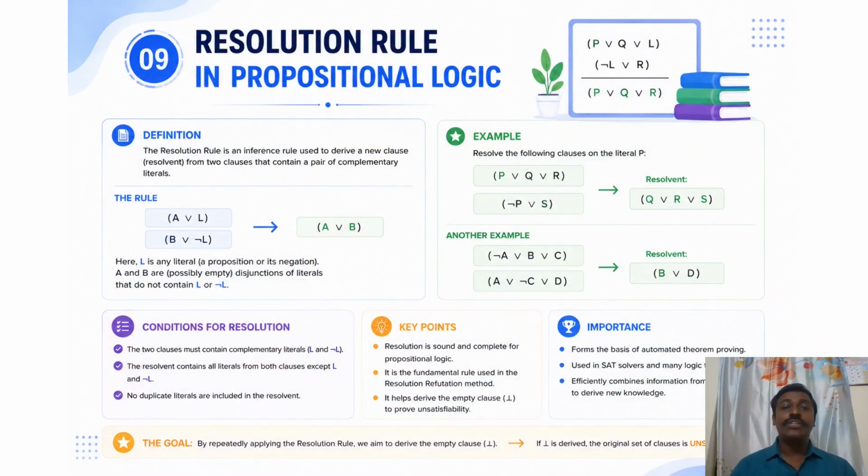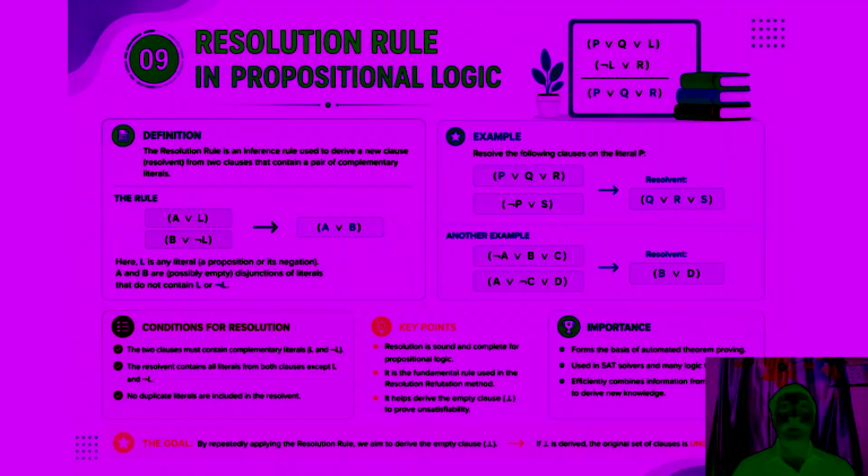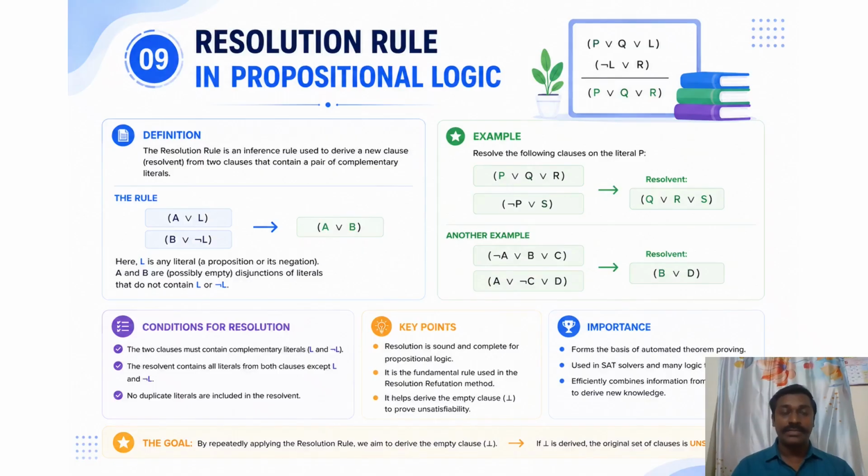What is the resolution rule in propositional logic? It is an inference rule used to derive a new clause from two clauses that contain a pair of complementary literals. That is, there will be two clauses from which we derive one more clause. That is the resolution rule.